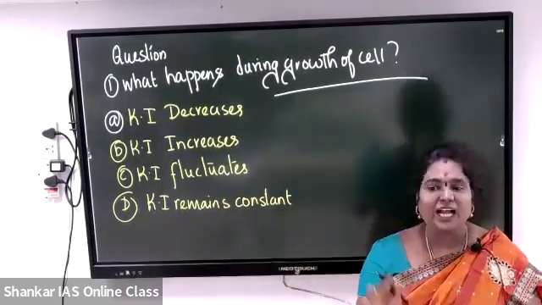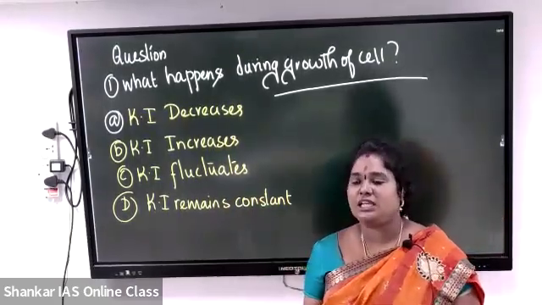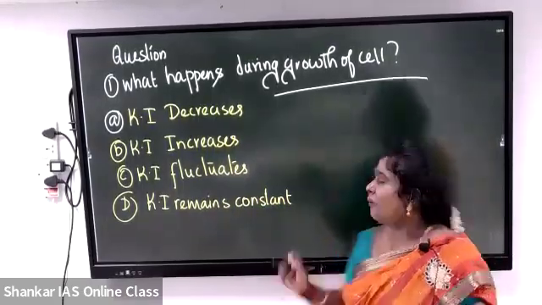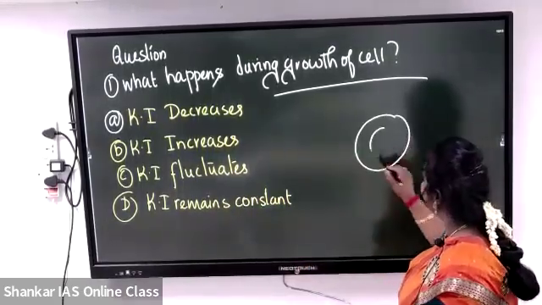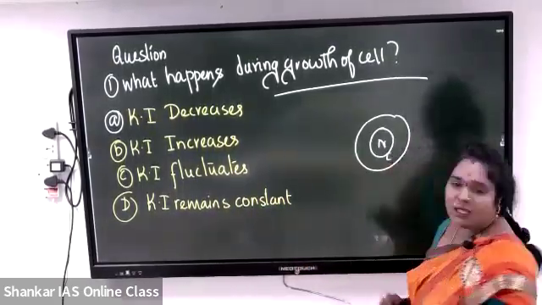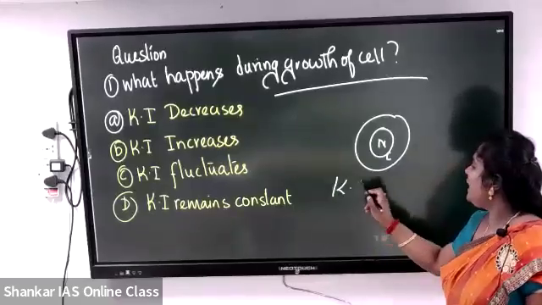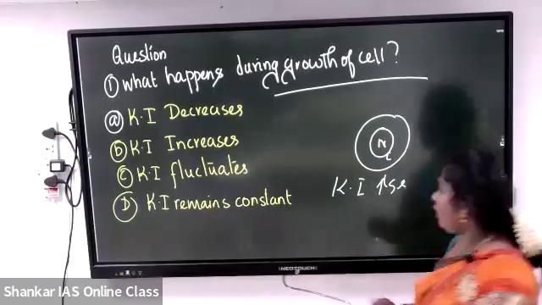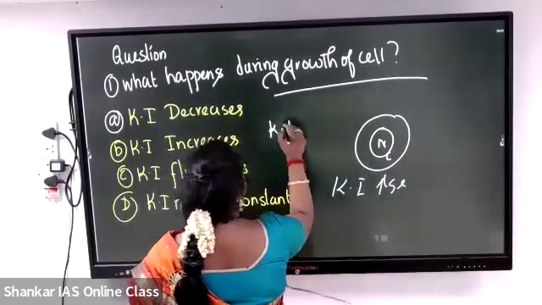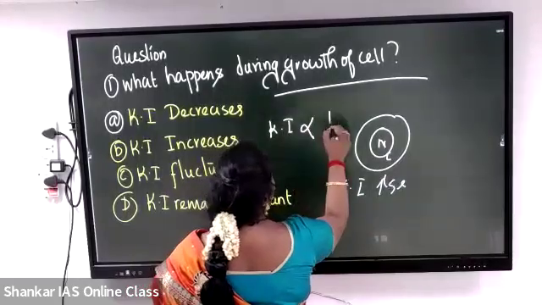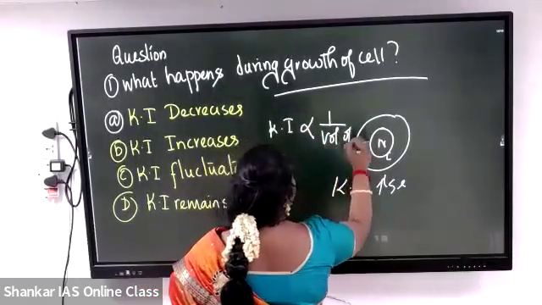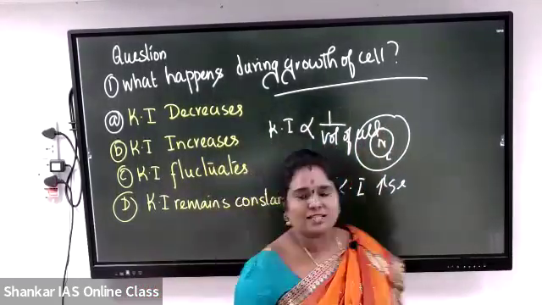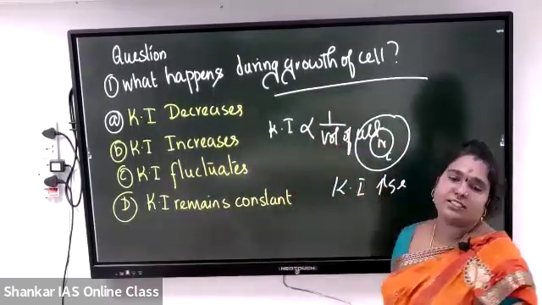So what did we understand from the lecture given earlier? What was the formula I gave you? The karyoplasmic index ratio is inversely proportional to the volume of the cell. This is the right answer for this question.